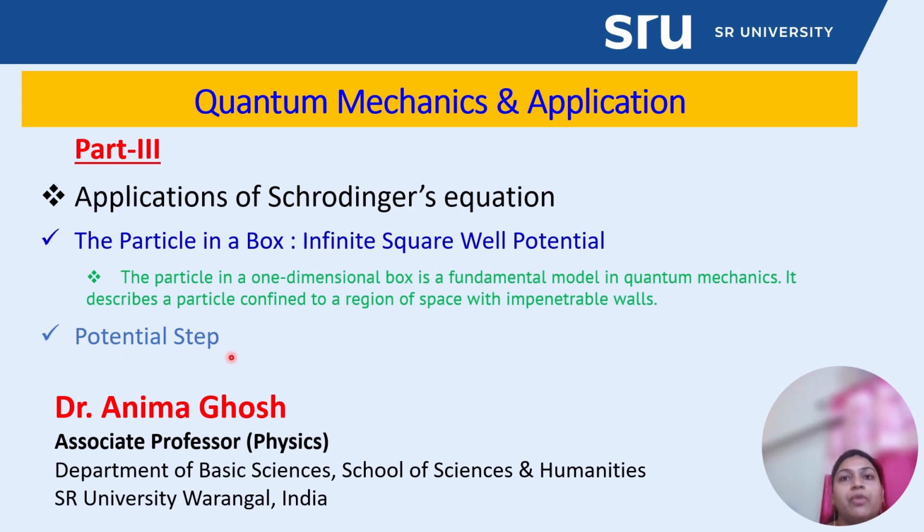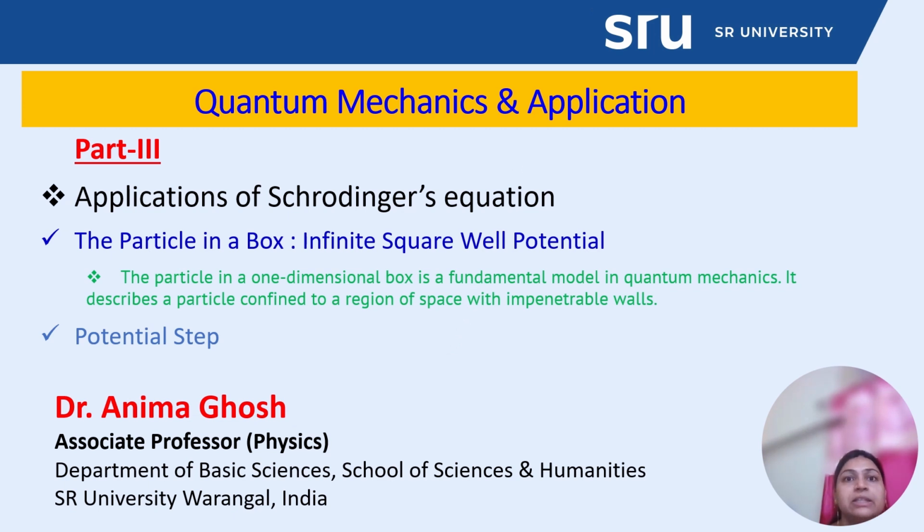The scenario involves a sudden change in potential energy, helping us explore quantum phenomena that defy classical intuition: quantum tunneling, and partial reflection of particles even when they have enough energy to cross the step.